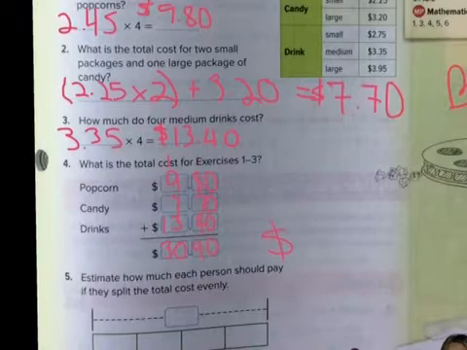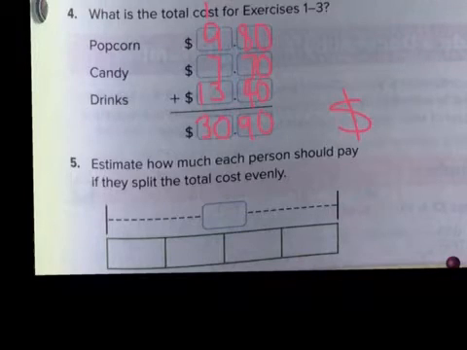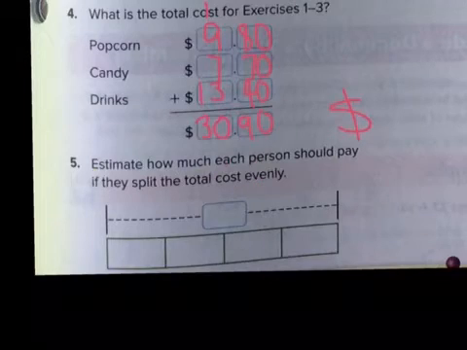Number 5. Now that we know our total cost for the movies, estimate how much each person should pay if they split the total cost evenly. Now we're going to estimate. It's 4 people. We know it's 4 people that went to the movies, and we have $30.90. Let's work with making a compatible number like we did before. Compatible. Find a number that is close to this number that's divisible by 4.